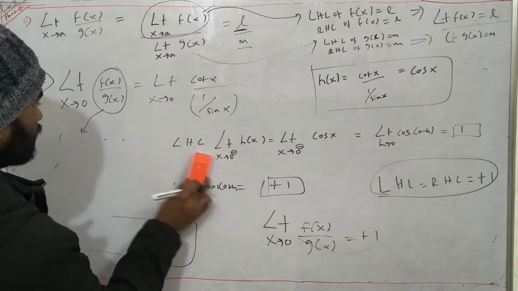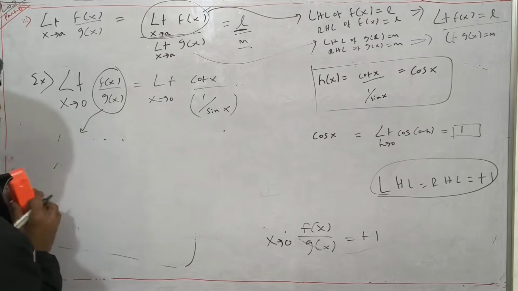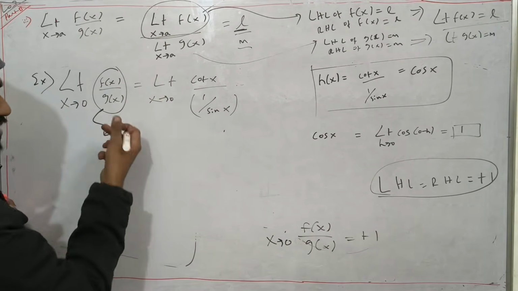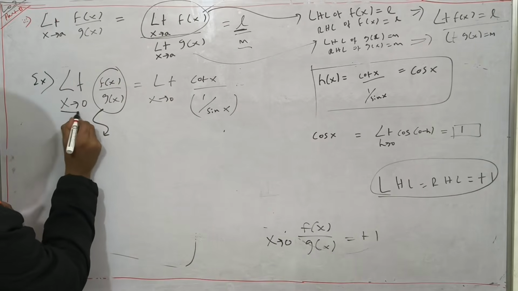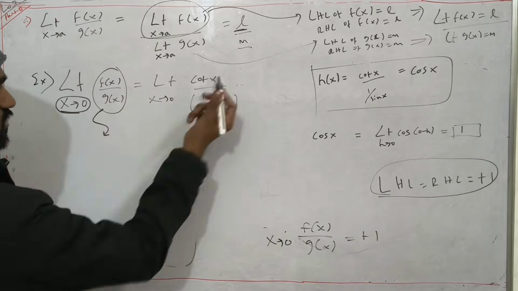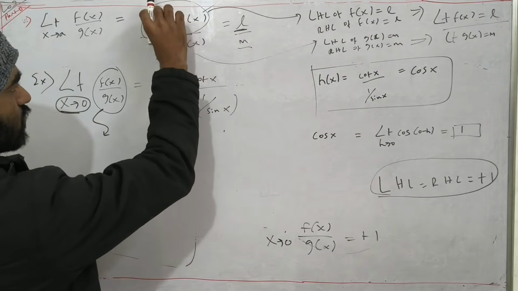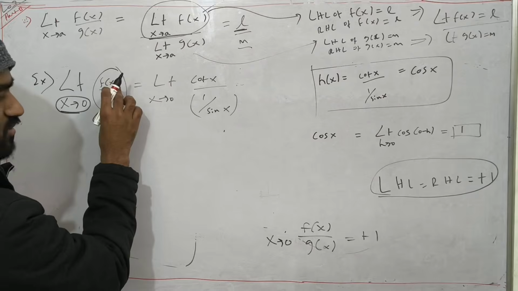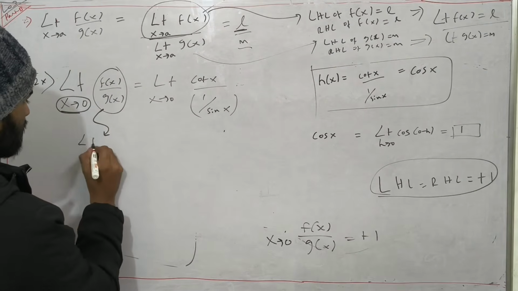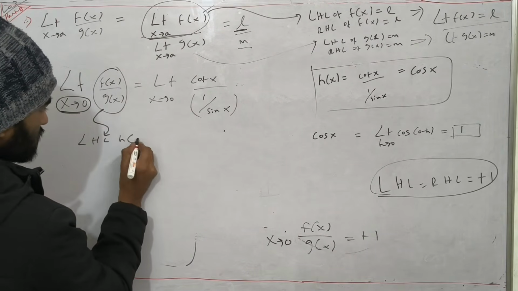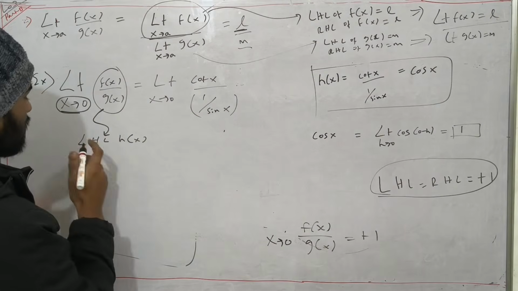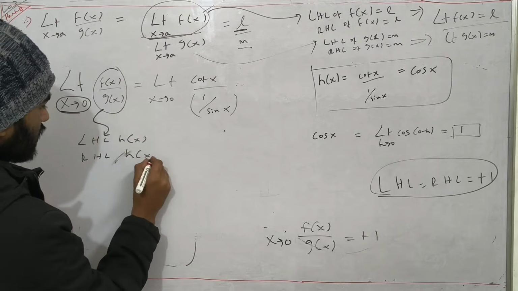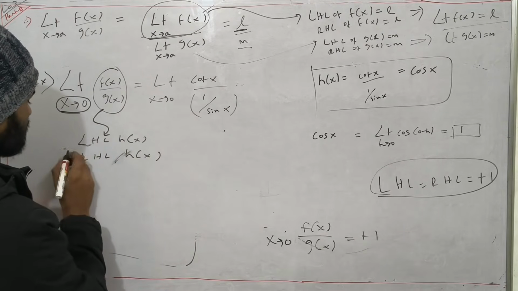Here you are taking the whole function f of x by g of x, and for the whole function you are finding the left hand limit and the right hand limit, and you are checking whether they are equal or not.